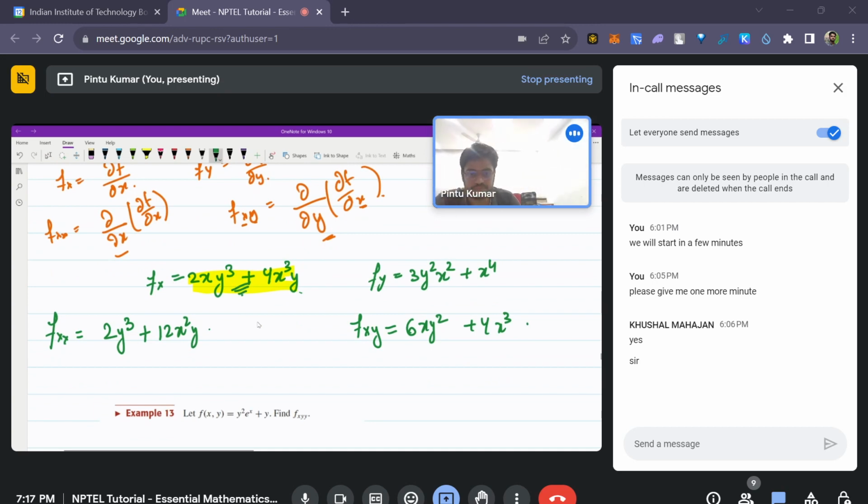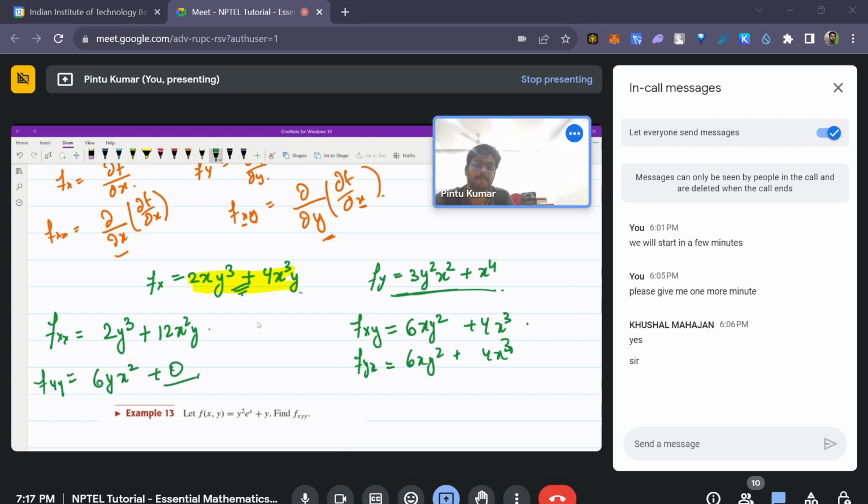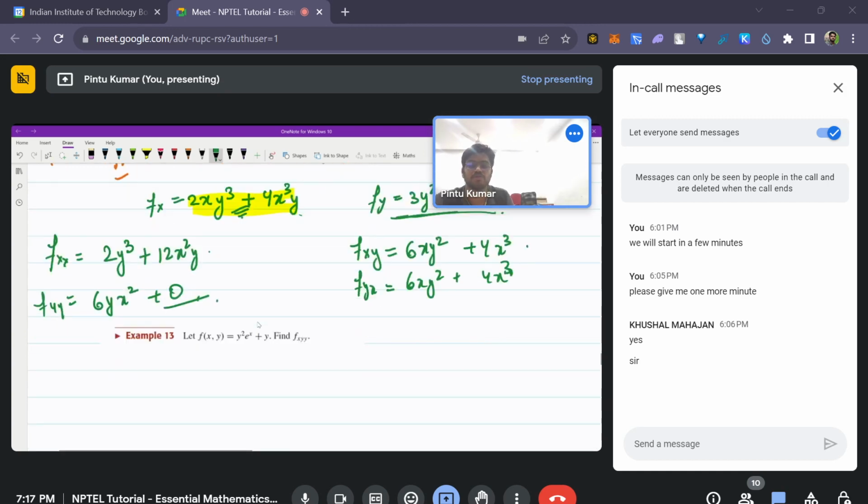And again, we can calculate f of yx, which is again 6xy square plus 4x cube from here. Okay. And f of yy can be calculated as 6yx square plus 0. Okay. So this is simple, right?